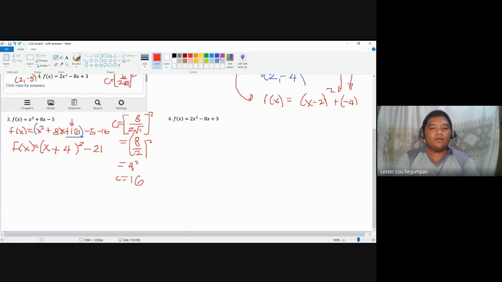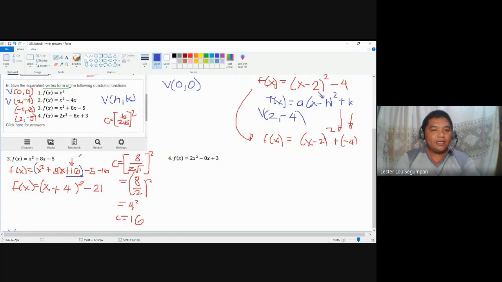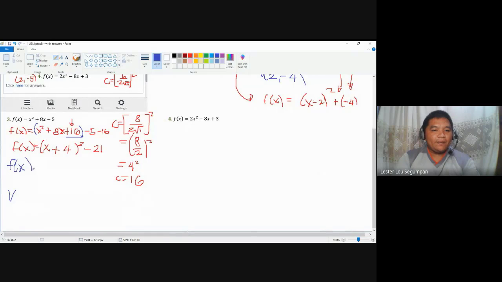Okay, so our vertex should contain the minus. This is the vertex form: a(x minus h) squared plus k. But here this is plus, and that is minus. How do we make this similar to the expression of the vertex form?